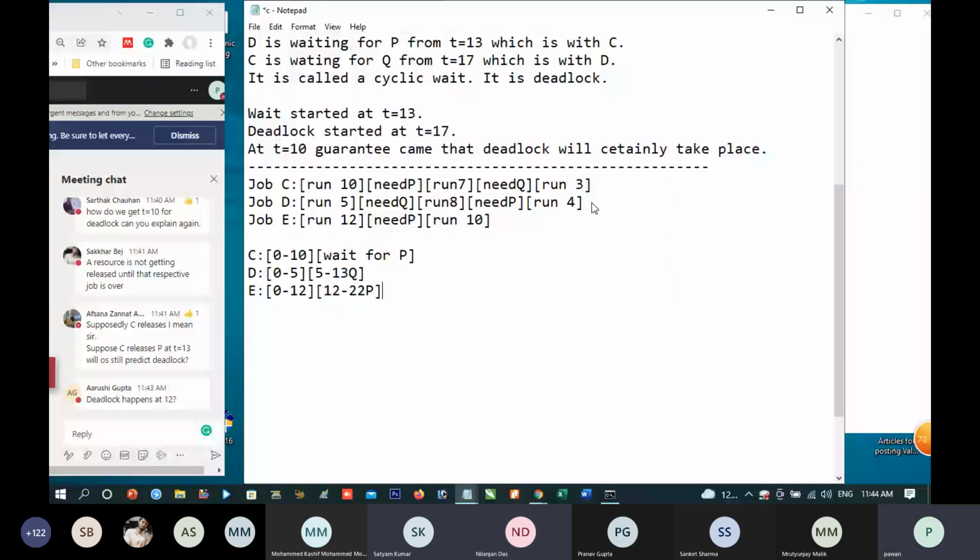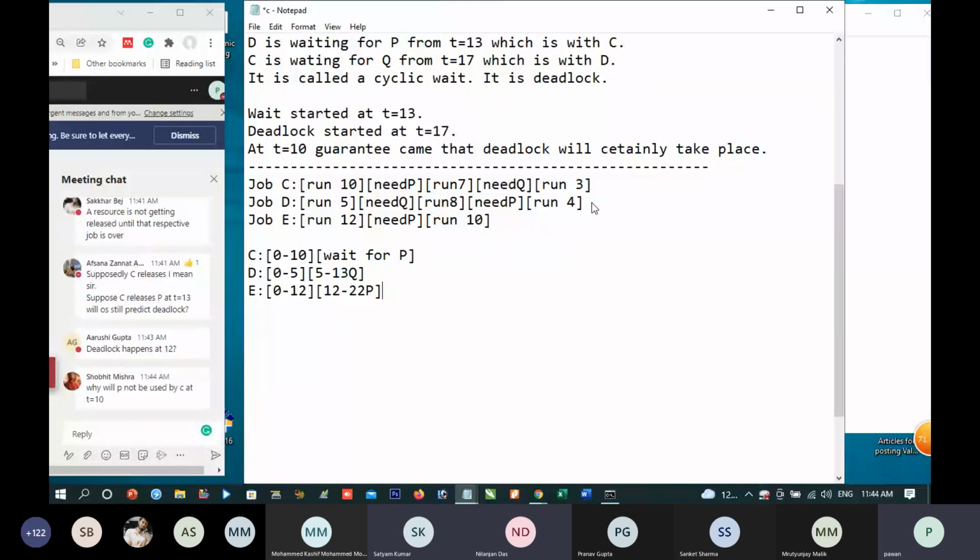Now the question comes at that time, at time t equal to 10, resource P was free and a job was asking for it and you have not given it. And at time t equal to 12, another job asked for P and you have given it. Such an unfairness has taken place. But let there be apparent unfairness.